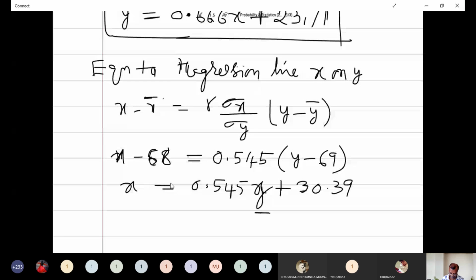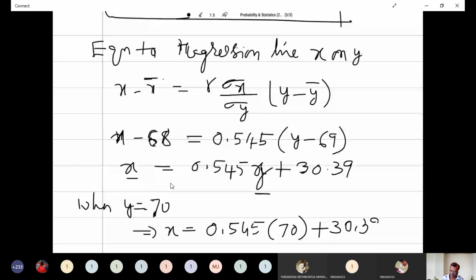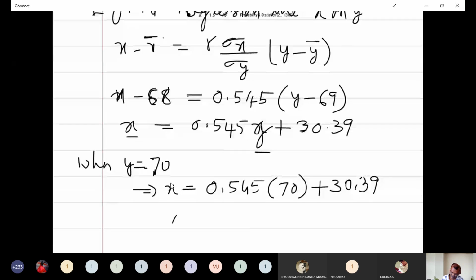When y is equal to 70, x is equal to 0.545 into 70 plus 30.39. What is the value of x here?